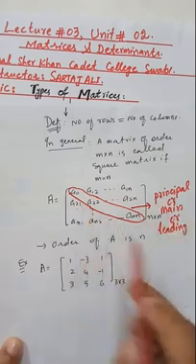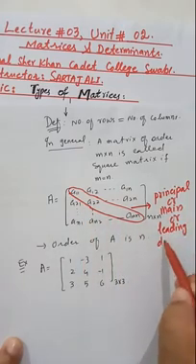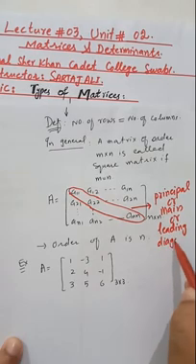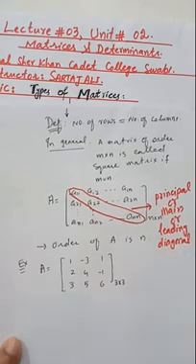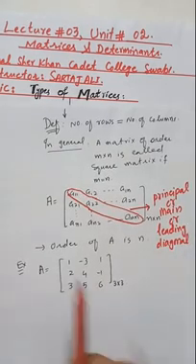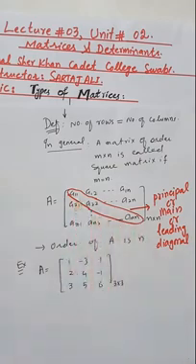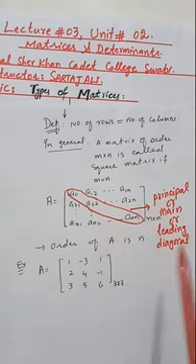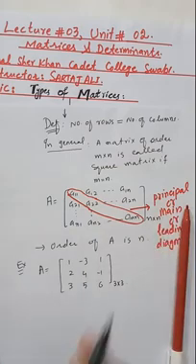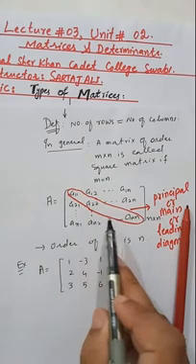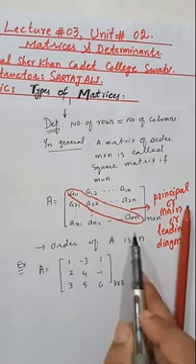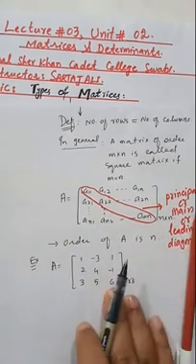This diagonal is called principal, main or leading diagonal, and the elements which lie on this diagonal are said to be the elements of the principal diagonal. Throughout the chapter, instead of naming this diagonal main or leading diagonal, we will name it the principal diagonal. So a11, a22, a33 up to ann are the elements of the principal diagonal.